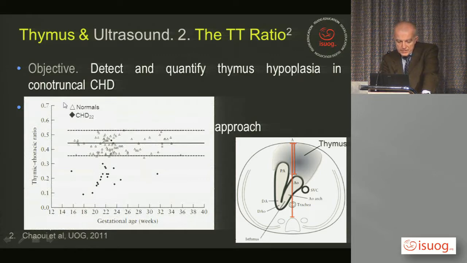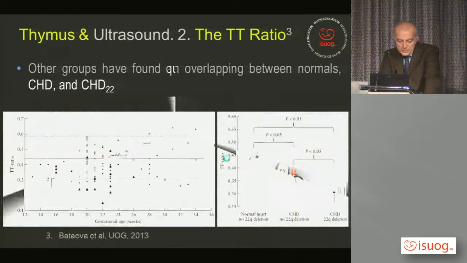And in his experience, you see this is a graph from his paper, all the cases with heart defects, just one was sitting here, all the cases with heart defects and microdeletion had a low TT ratio, much lower than normal. So there was no overlapping between the two groups.